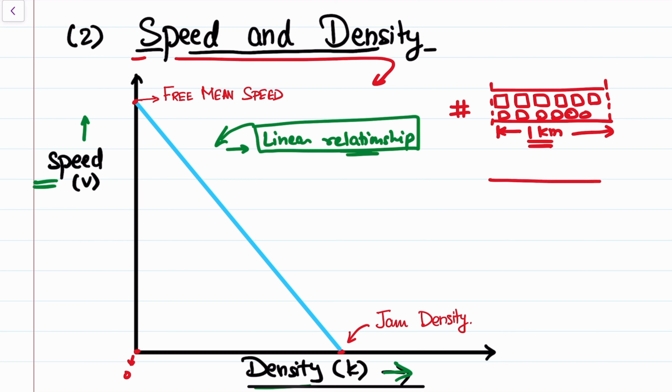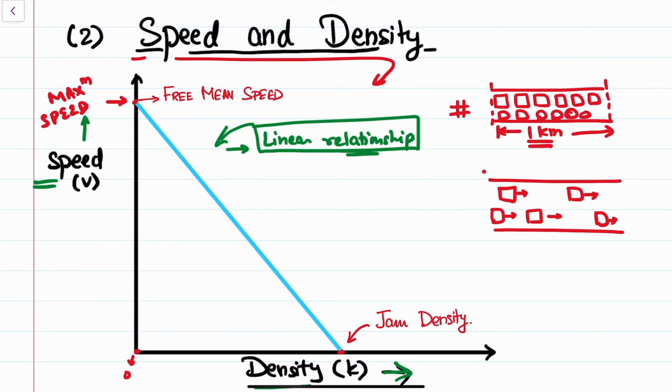When no vehicle is occupying it, that is, all the vehicles are moving, at that time we are having maximum speed. So when the vehicles are moving, the density will be zero, and we will have a free mean speed.